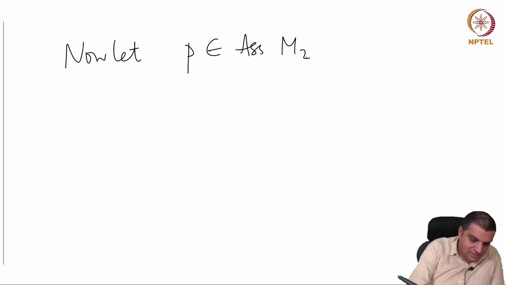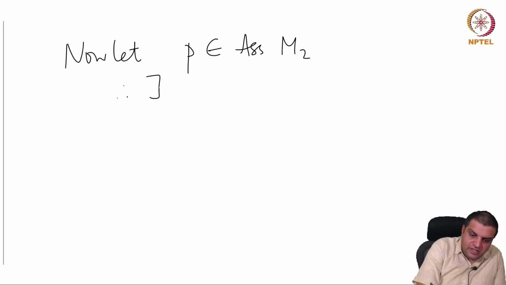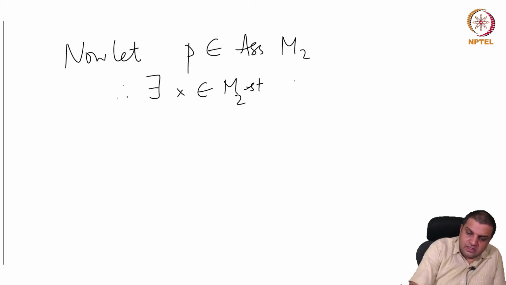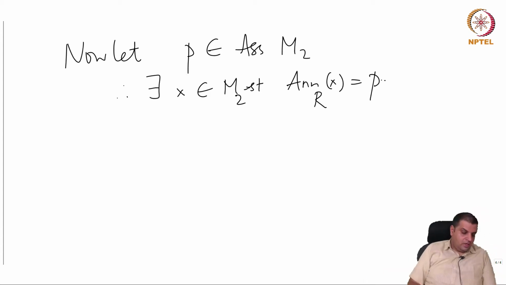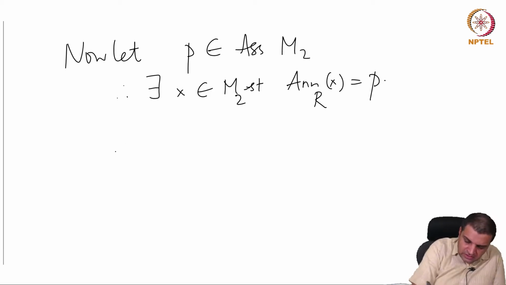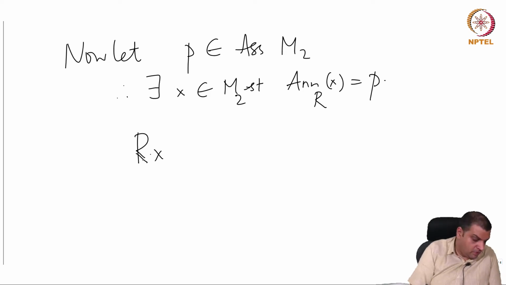Okay, so therefore, there exists some x inside M2 such that its annihilator is P. Now, we consider the submodule Rx, all multiples of x, intersect M1.